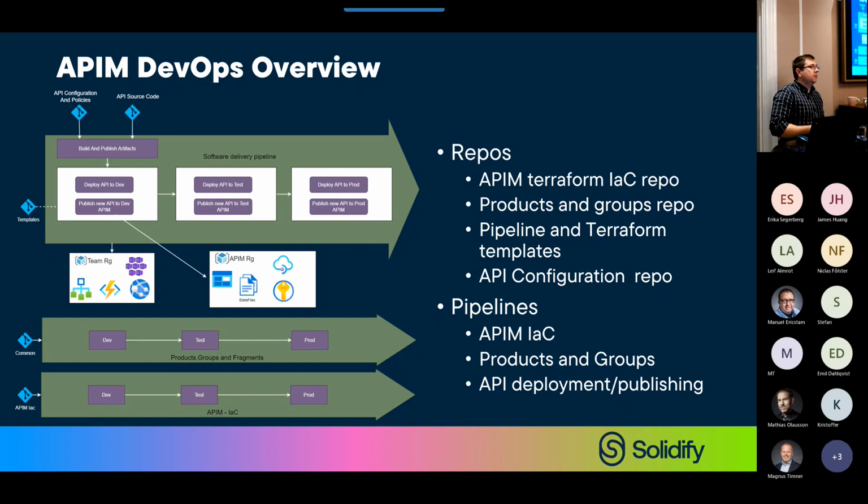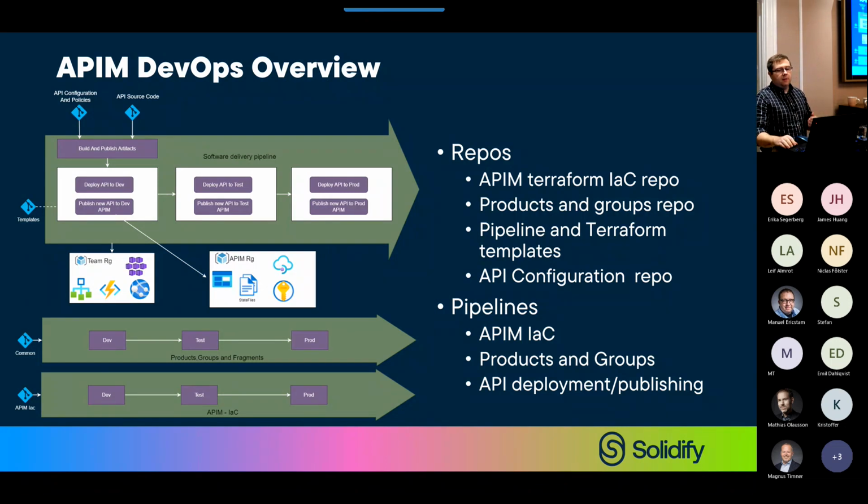We had a common repo that describes the products, since a product is on a high level and can contain several APIs. Then we have a common repository, one per API instance, that is shared between the teams, where we define products and groups. And then we also ended up with a common repository where we have reusable pipeline templates, and even Terraform code for deploying the API.